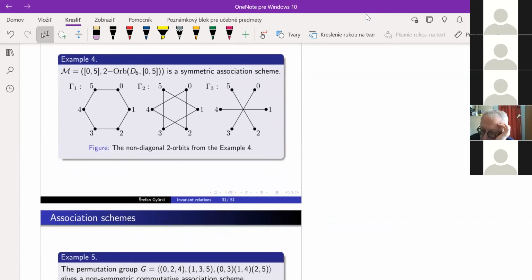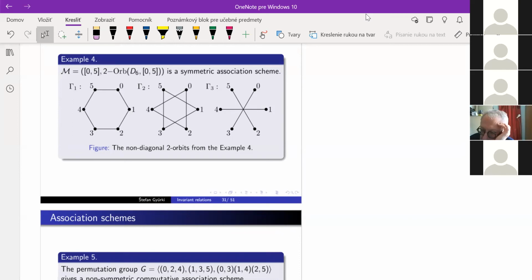So also association schemes are fully given if I am saying, for example, what is the permutation group that it is coming from, or by giving pictures of basic relations.